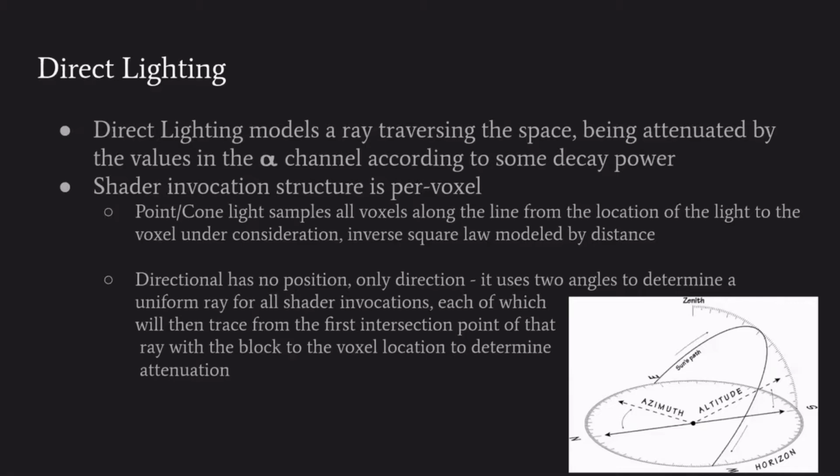Anyway, the directional lights specify like a uniform direction that the light originates from for every voxel. And that's done with 2 angles. Here, just the azimuth and the altitude. I call them theta and omega, I think, I don't remember. But just 2 angles. And that's sort of general enough.